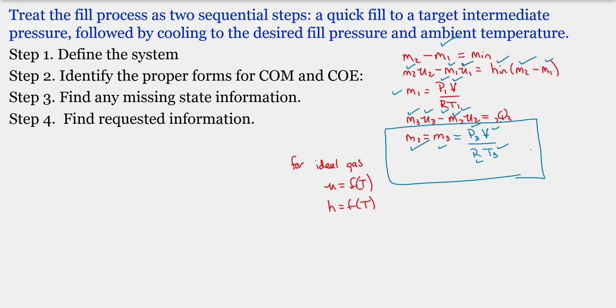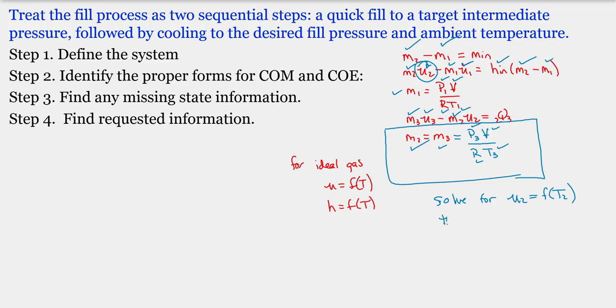Because I can get this mass, I can come back here and I can say, look, in this conservation of energy equation, everything is known except for the specific internal energy at the final state. So I can solve for U2, and that is going to be a function of temperature only. And I can then look up the value for that temperature. And that was the intermediate temperature that I was interested in determining. And because I also have M2, I can answer the question of how much mass was added to the system.